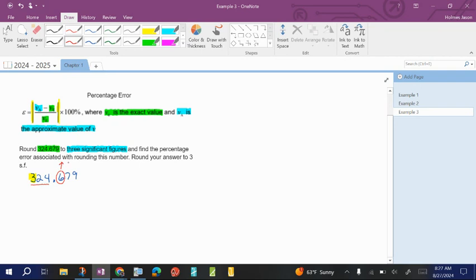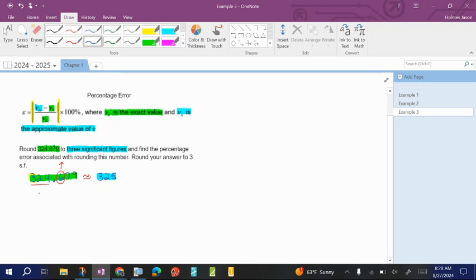That 6 tells us to round up. So we're going to say that this is approximately 325. So that means that 324.679 is our exact value, and 325 is our approximate value.